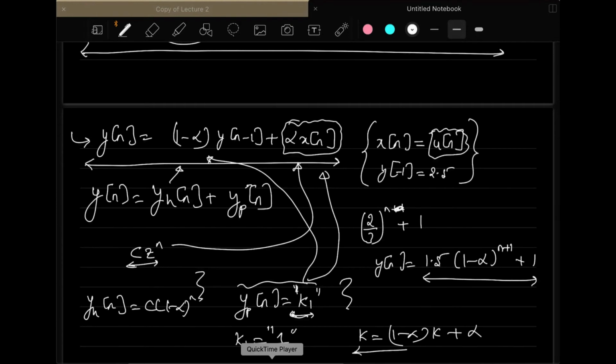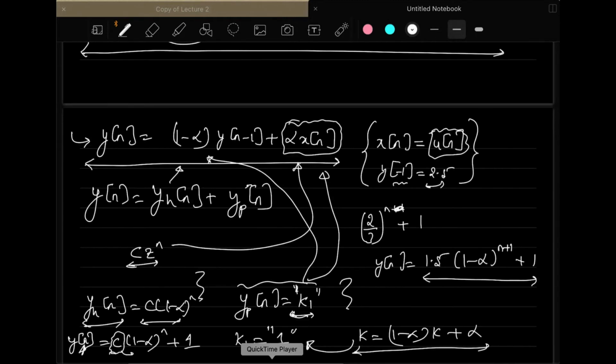So when you solve this, what you will get as the answer is k equal to 1, and then you can easily substitute it with the homogeneous solution that you have here, which is c (1 minus alpha) to the power n, plus 1, equal to the total solution that you have here, y[n]. And based on the initial conditions, like if you put y[-1] equal to 2.5, then you can get the answer for this corresponding c here.